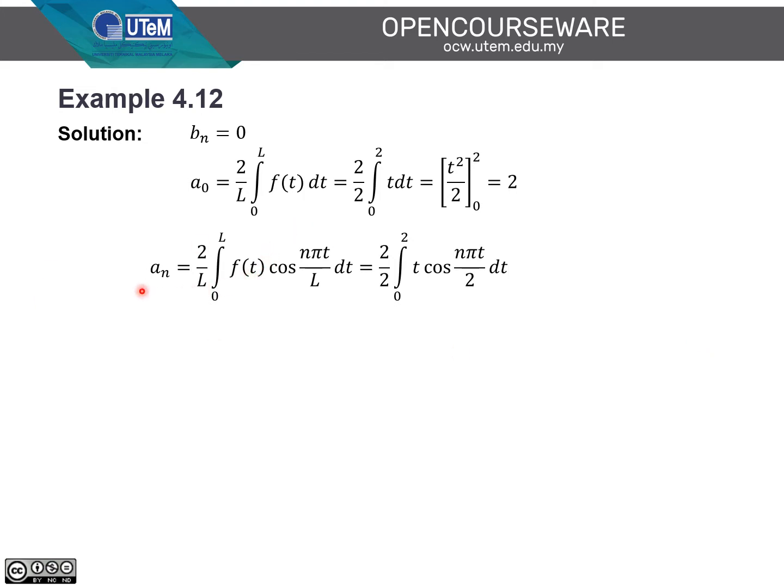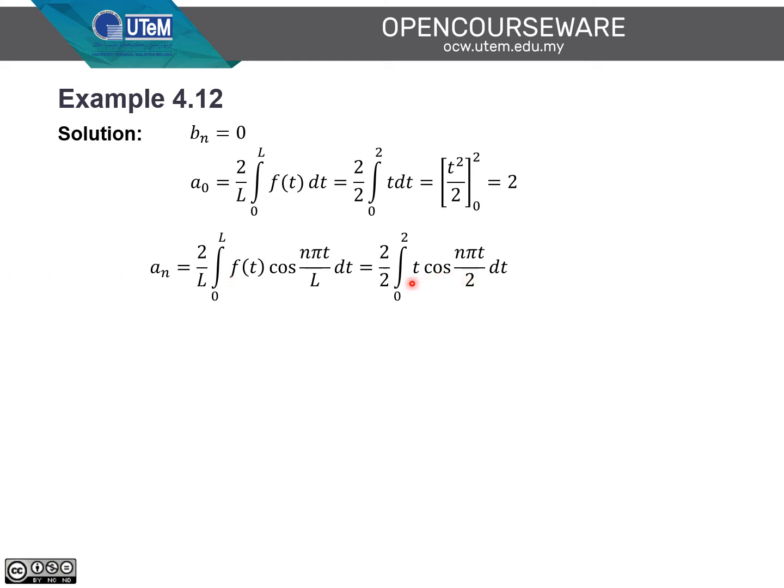Next step is to find the Fourier coefficient An, and this is the formula of Fourier coefficient An. Substitute L equals 2 and the function f(t) equals t into the formula.